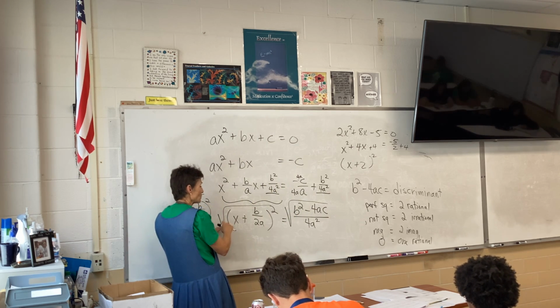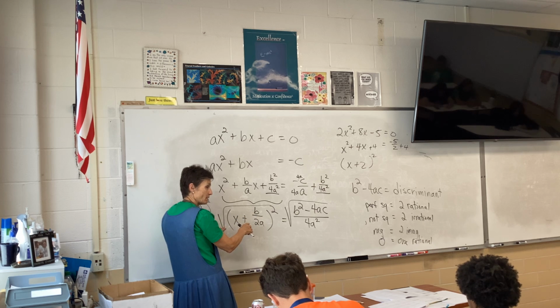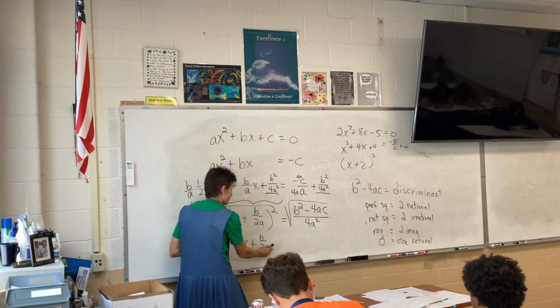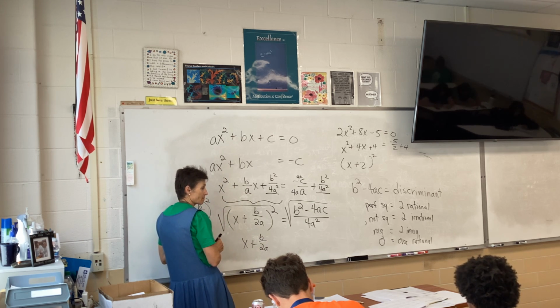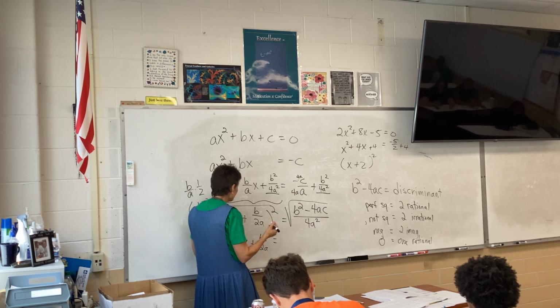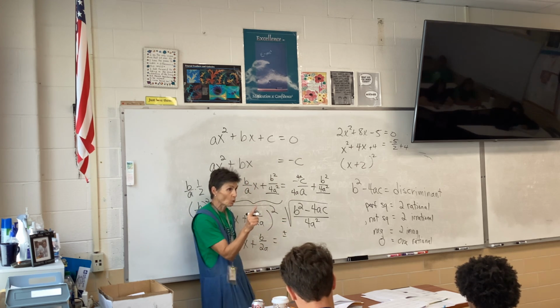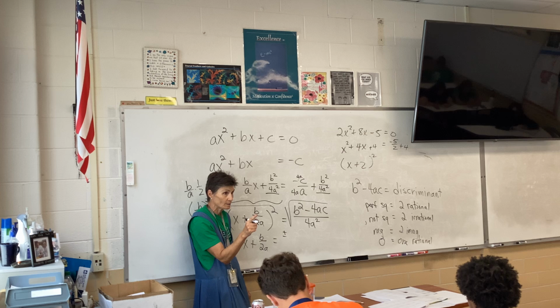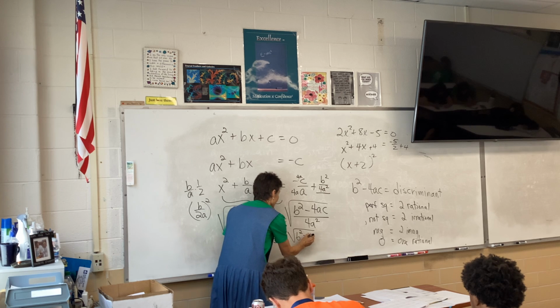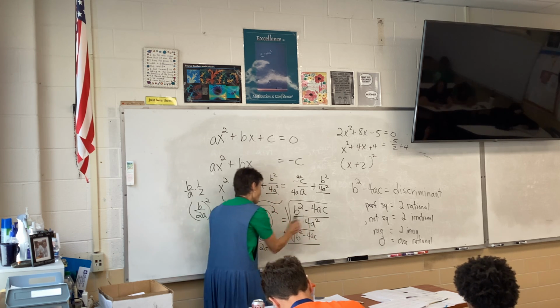And what happens when you square root something squared? Just leaves you with the thing, right? And what happens when I square root this mess? Well, it's plus or minus, because it's always plus or minus when I square root. Square root of 9 is plus or minus 3. I can't do anything with B squared minus 4AC, but what about my denominator?